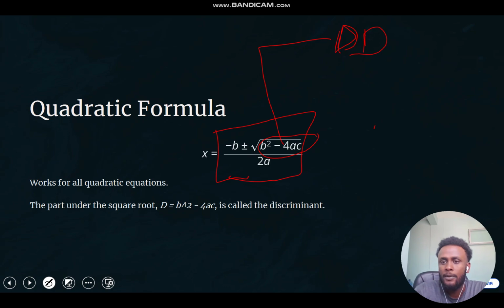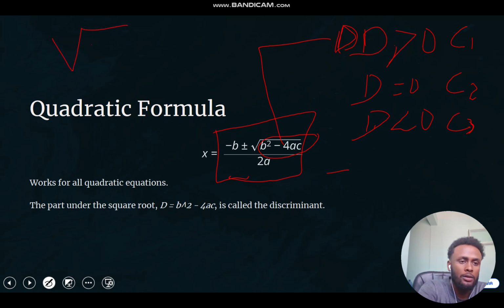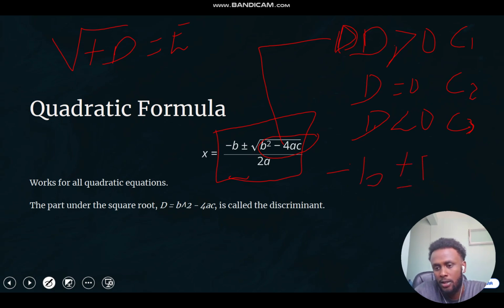So based on this, for d greater than 0, for d equal to 0, and for d less than 0, we do have three cases. For d greater than 0, take the square root of a positive number d, let's say e. So minus b plus or minus the square root of d, which is e, divided by 2a, for the first case.